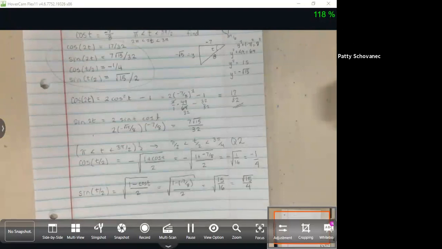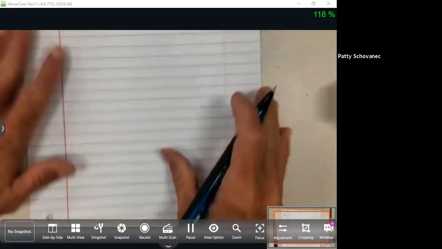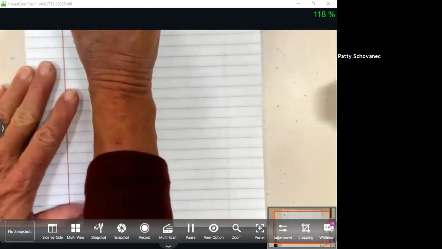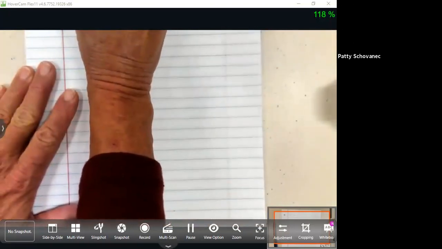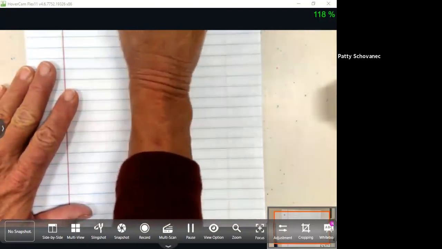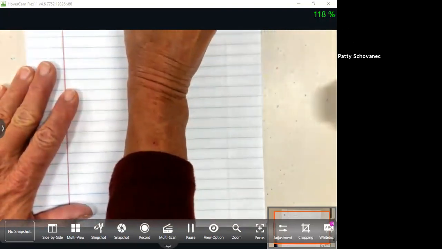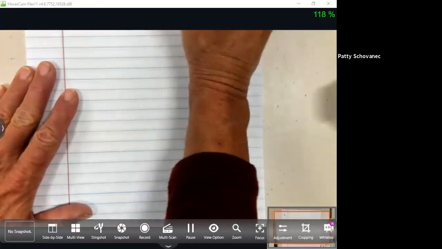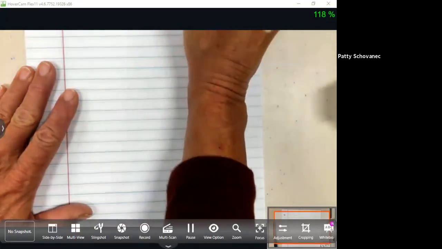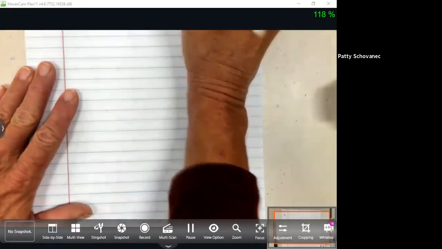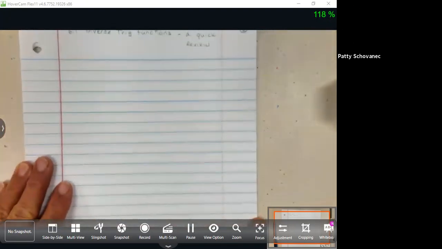Let me see if you know what the inverse trig functions are. So a quick review of what we did last time from section 6.1. So section 6.1a, quick review.